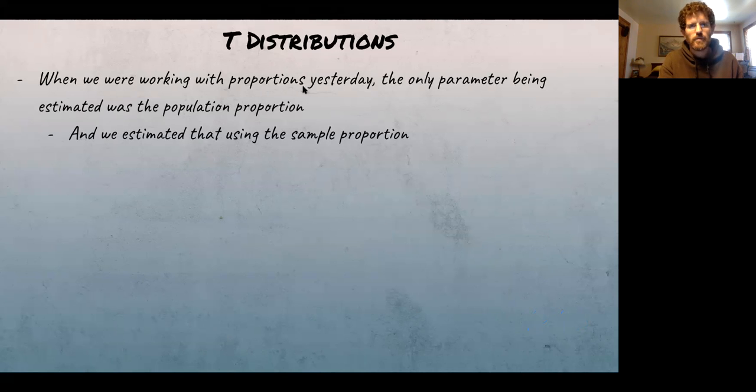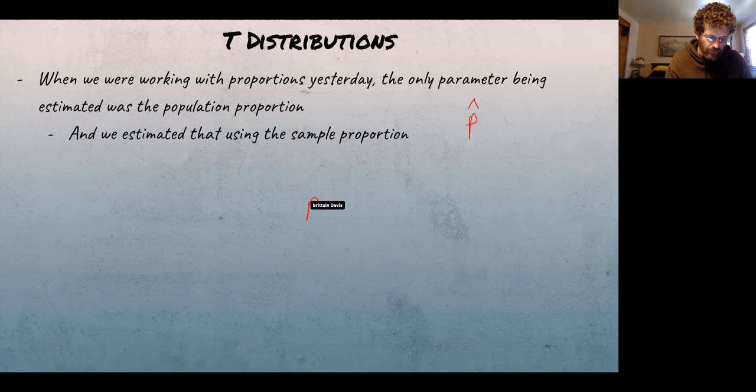When we were working with proportions yesterday, the only parameter being estimated was the population proportion. So you had a sample and whatever it happened to be, you got a p hat. Now I want to show you the formula real quick for our confidence interval, which you've seen before, but we need to look at it one more time to make something very clear.